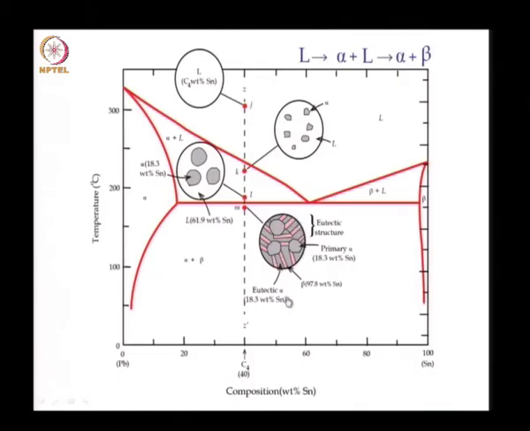In this case, the eutectic alpha has an 18.3% tin given by this point, and the beta phase of the eutectic structure has 97.8% tin corresponding to this point.